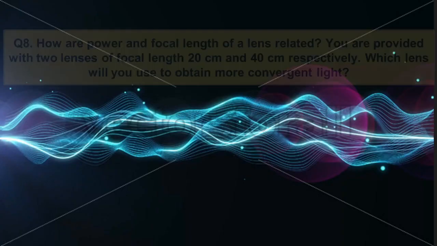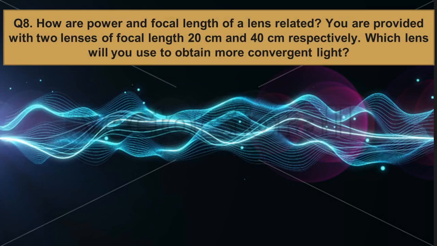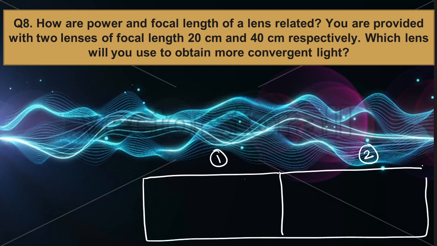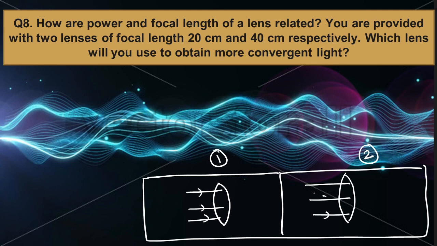Now let's go to the next question. How are power and focal length related to each other? Okay, very good. Dear cadets, let's take two lenses. Here I will take lens 1 and here I am taking lens 2. Clear? Now parallel light falls on both lenses, right?